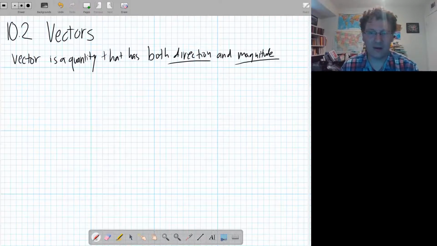Now, the one thing a vector does not have is a position, but direction and magnitude are the two characteristics of a vector. Usually it's drawn as an arrow.